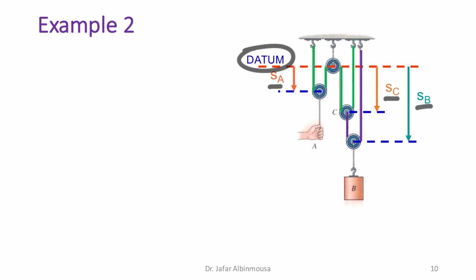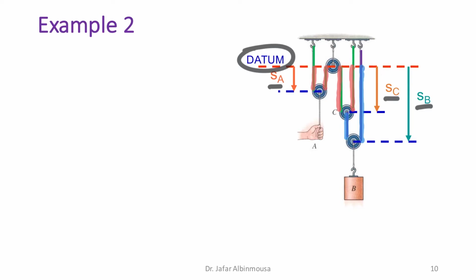But the lengths that are going to change, I'm going to mark with two different colors, red and blue. So for the red, I am going to have this one, this one, this one, and this one. And for the blue, I am going to have this one as well as this one.